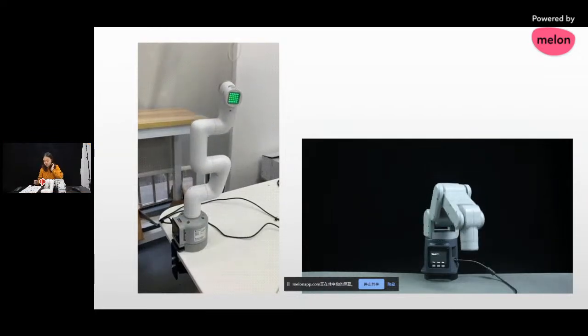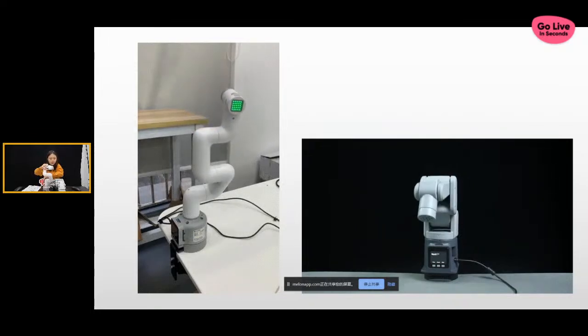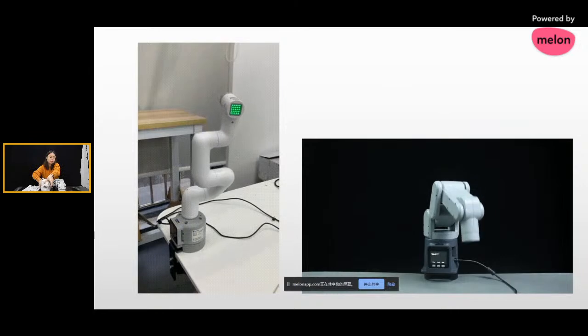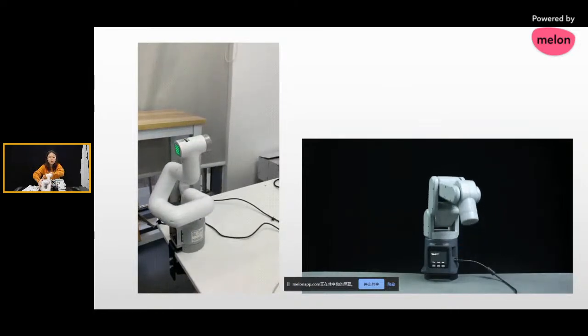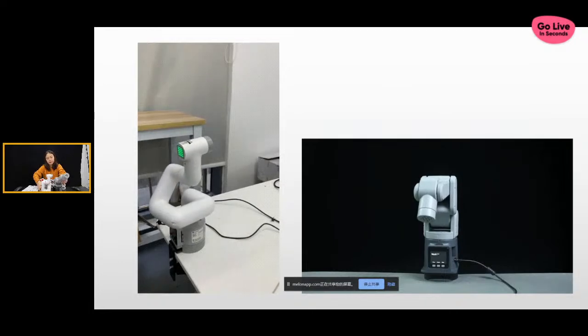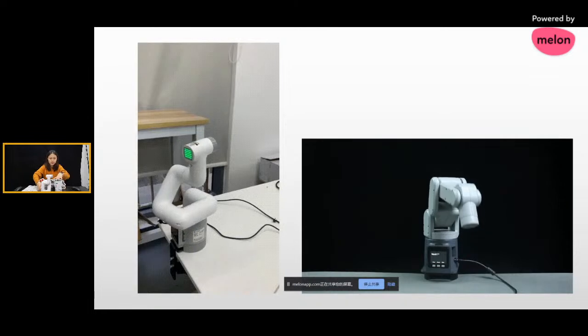And also, for the myCobot 280, it has been in the market for more than a year, and the mechArm has been in the market for more than 6 months.